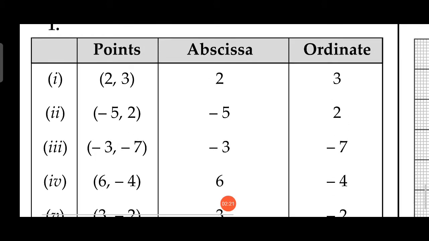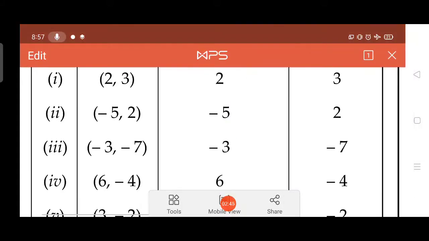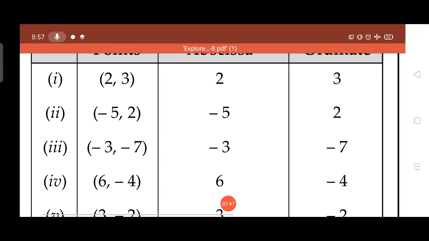These are the points, and the abscissa we consider as the x axis, and the ordinate we consider as the y axis. So, on the x axis the 2 will come, and the ordinate 3 will come. Very easy.